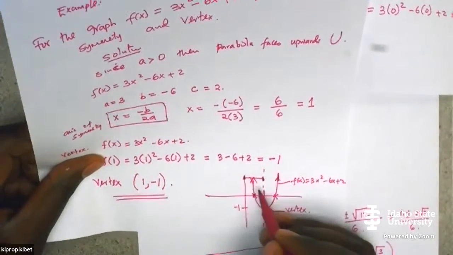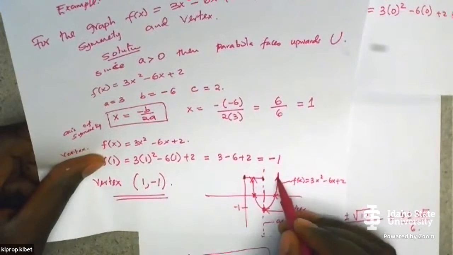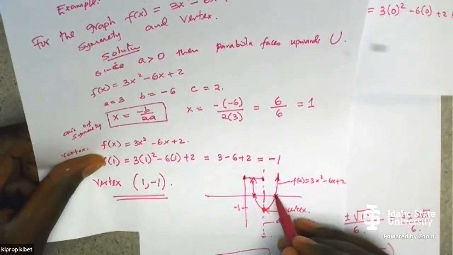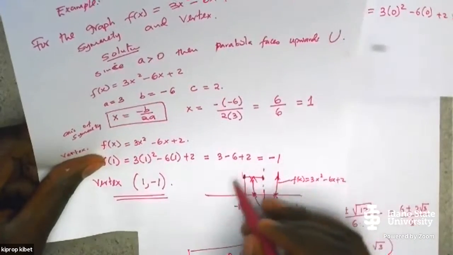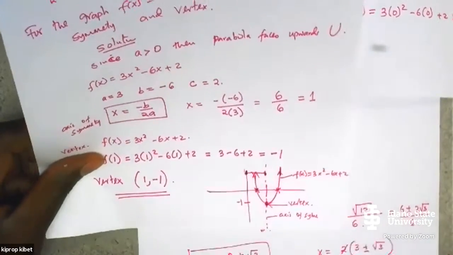So you've identified the points here, and this one. Now you come and do what? Come and sketch. You come and sketch the graph.